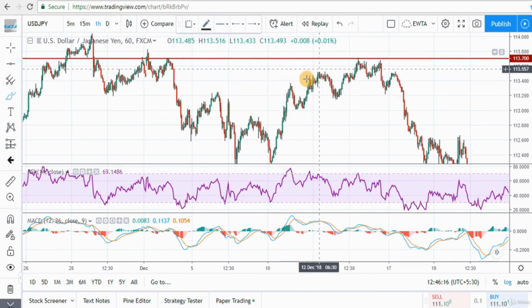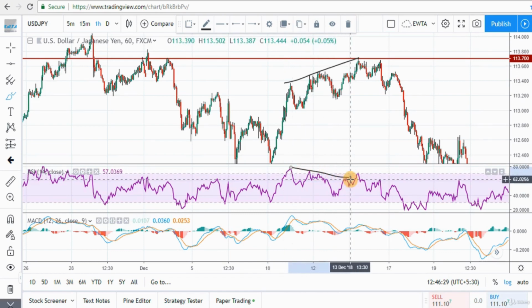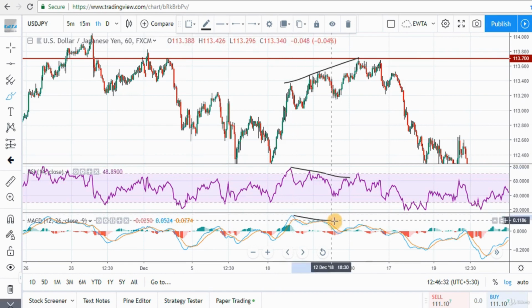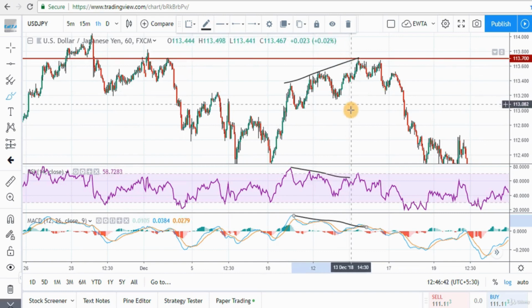They are making higher highs, but the indicator is making lower highs. See, this high is lower than this high, so these highs are going in a downward direction. Also on MACD, there are lower highs going in a downward direction. So this is called the bearish divergence, and it signals the end of the uptrend.